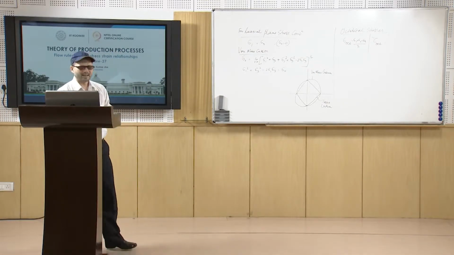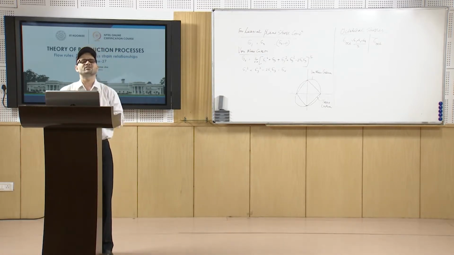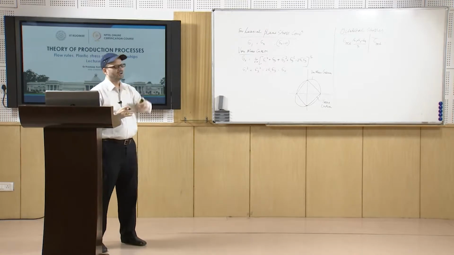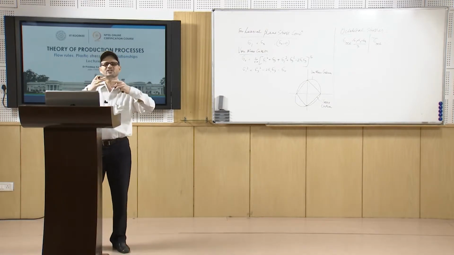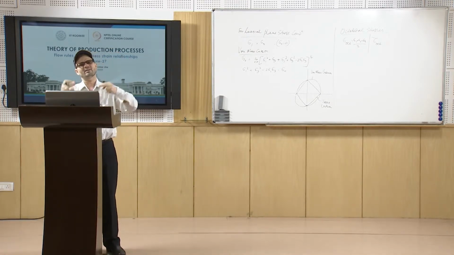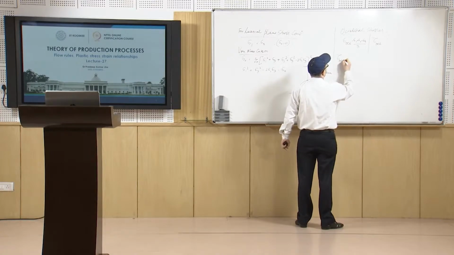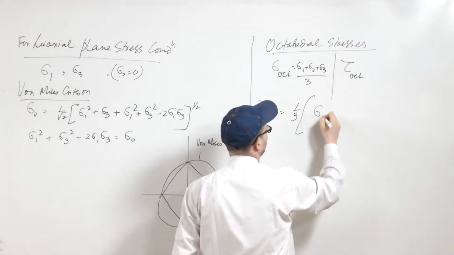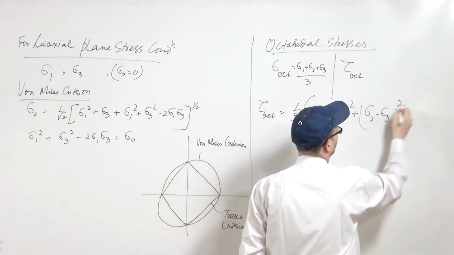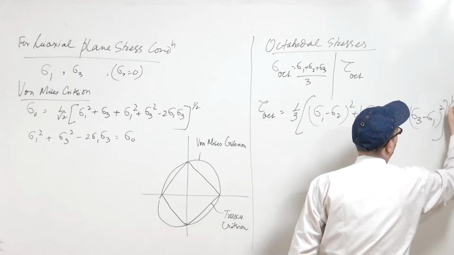Then you have the octahedral shear stress, which is defined as 1 by 3, then sigma 1 minus sigma 2 square plus sigma 2 minus sigma 3 square plus sigma 3 minus sigma 1 square, all raised to the power 1 by 2.